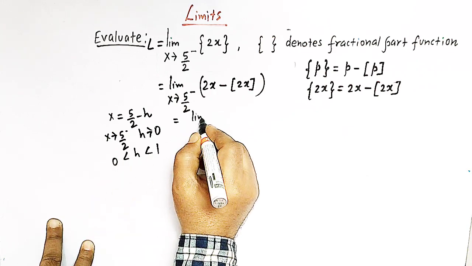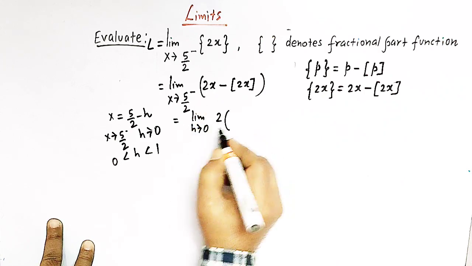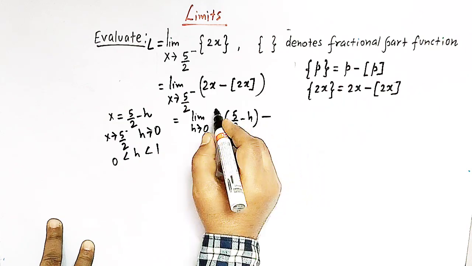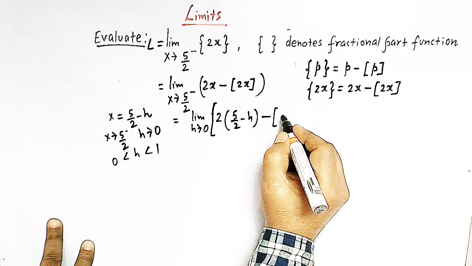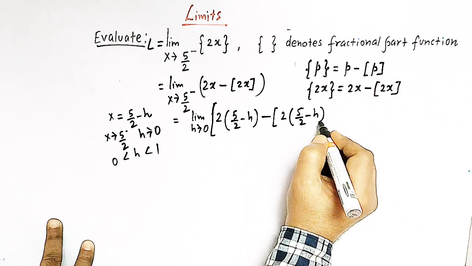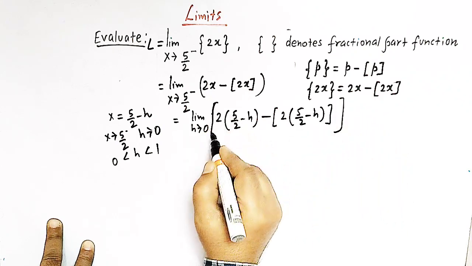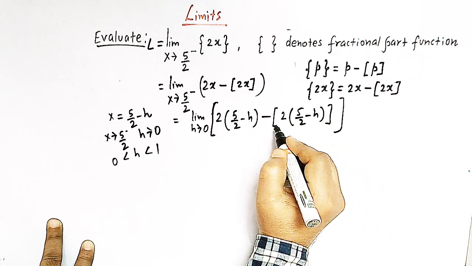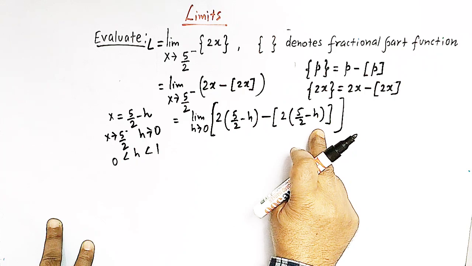So we now have the limit as h tends to 0 of 2 times (5 by 2 minus h) minus the greatest integer of 2 times (5 over 2 minus h). Here the square brackets indicate the greatest integer function.